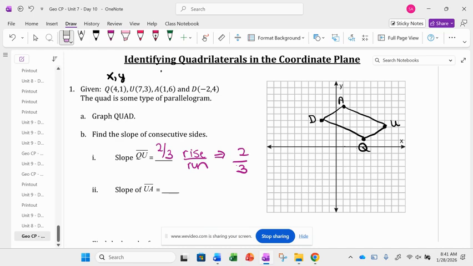Okay, now we want to find the slope of UA. Again, that's U to A. To get from U to A, I'm going to rise up 1, 2, 3. So I'm rising up 3. And then I'm going to the left 1, 2, 3, 4, 5, 6.